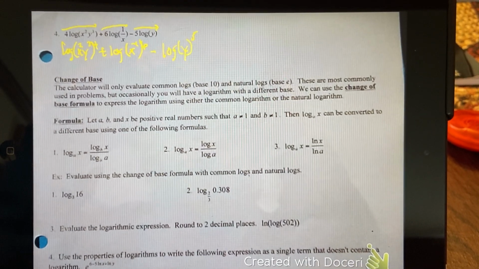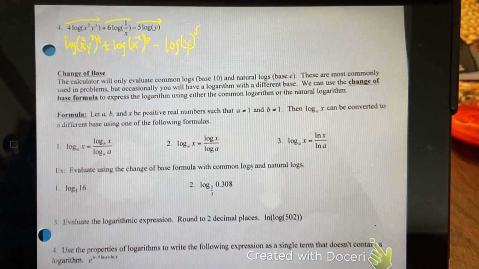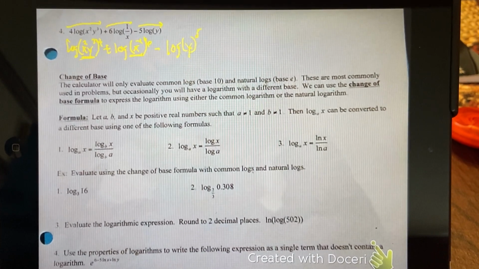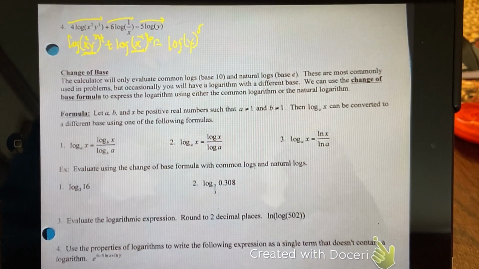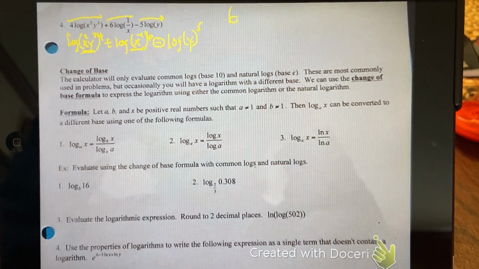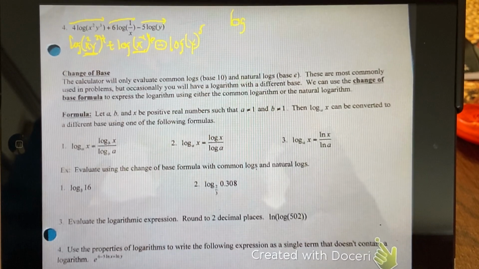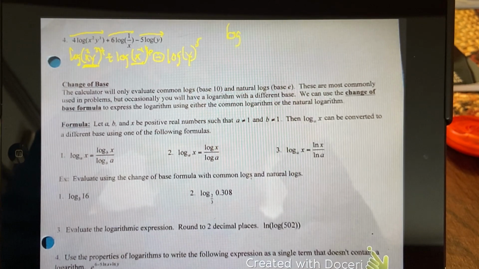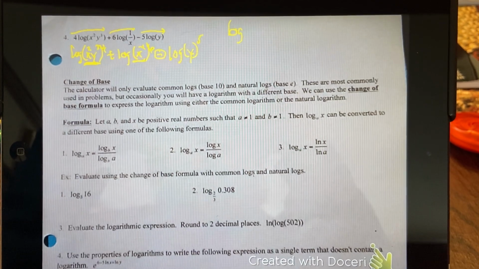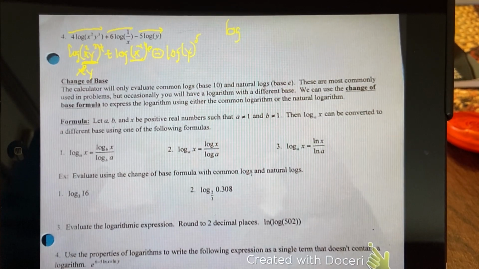So now, I'm going to try to make one logarithm for the whole thing. So I know that these two terms here that I want to underline need to multiply. And then this guy, since it's a minus sign, is going to be in the bottom. I'm going to divide by it. So this is basically what we've got. Log. And when I see this term simplified, x squared y cubed all to the 4th, that really means x to the 8th, y to the 12th.